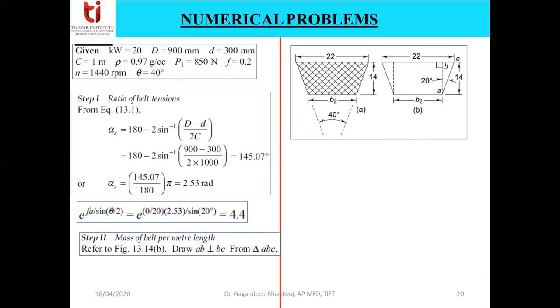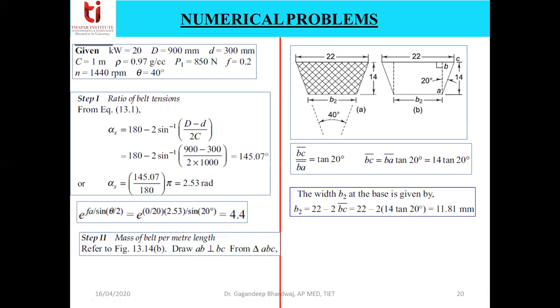Also, the mass of belt per meter length. In order to calculate that, we have calculated this length B2, which is 22 minus 2 times BC. We have done it in a similar way and calculated the width B2 at the base.